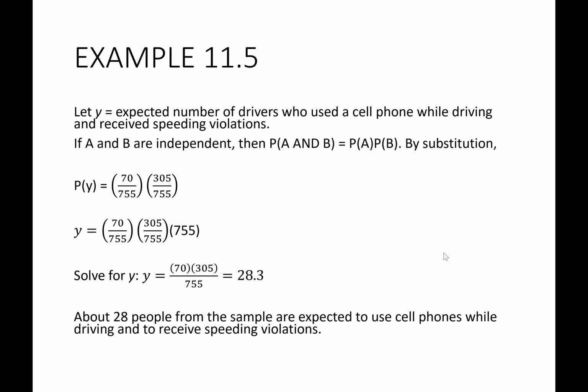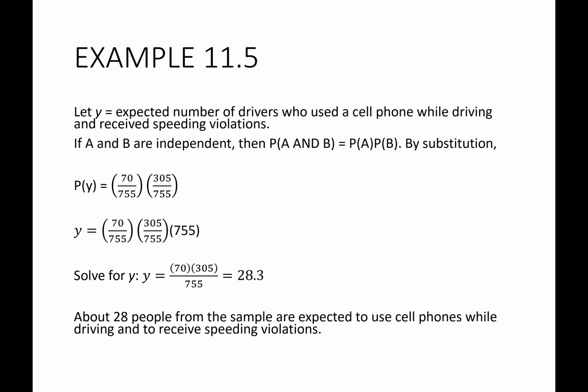So if we take those two probabilities and multiply them together, we get the probability of both of those events occurring, an and probability. And if we multiply that by the number of people we surveyed, we get the approximation of the people who were using cell phones and received speeding tickets.